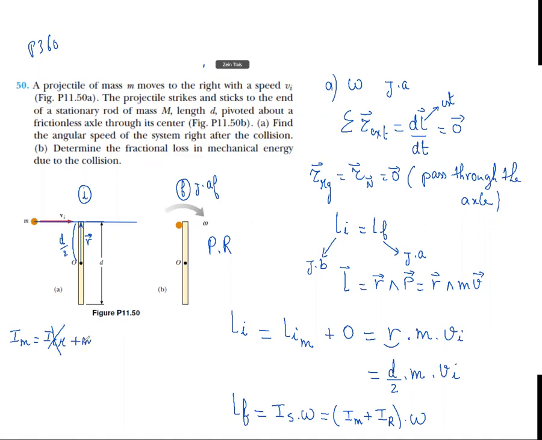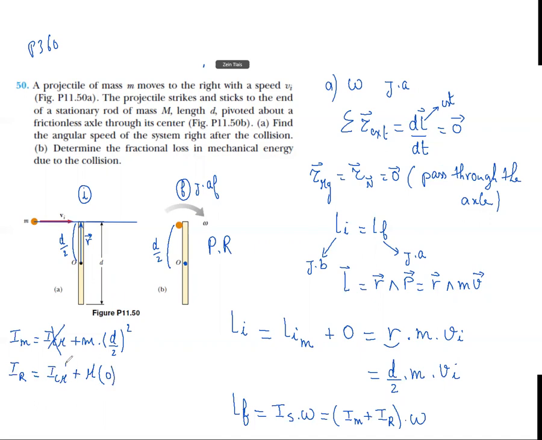Plus m times the distance between the center of mass of the ball and the axis, which is equal to d divided by 2, squared. What about I of the rod, which is equal to I CM of the rod plus m times the distance between the center of mass of the rod and the axis, equal to 0.